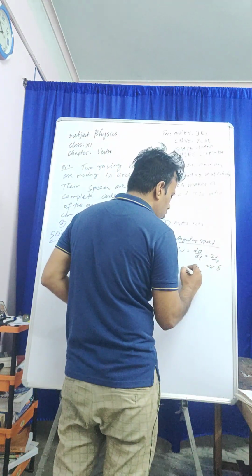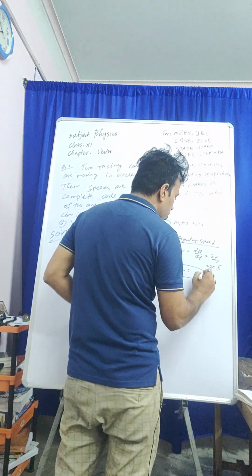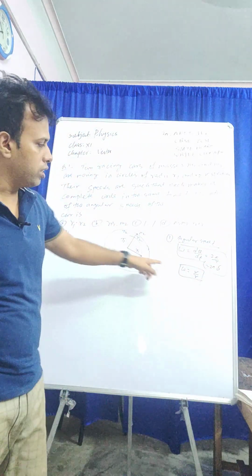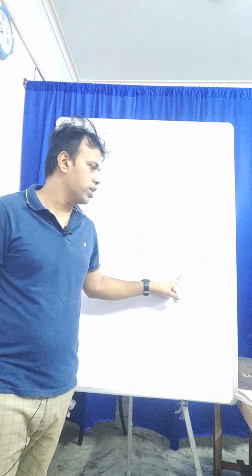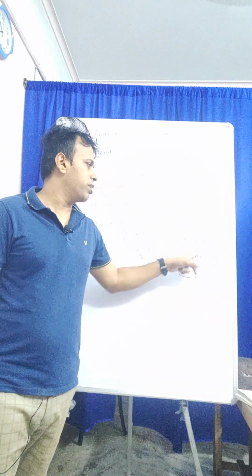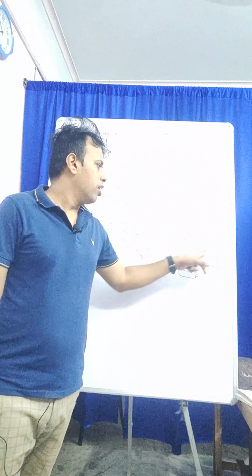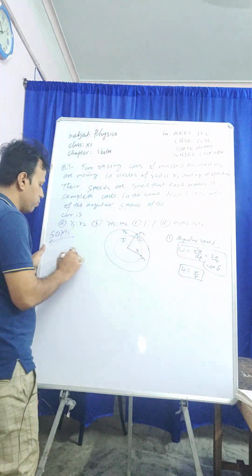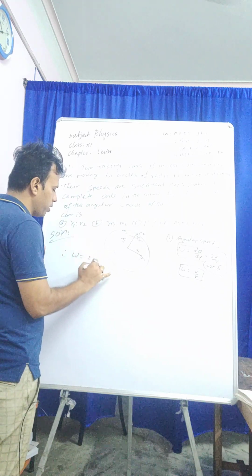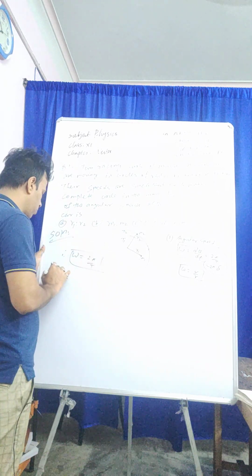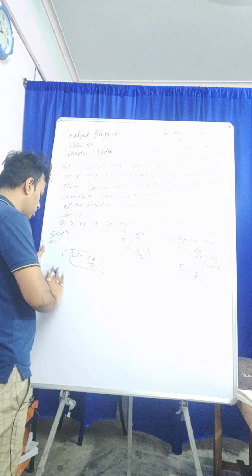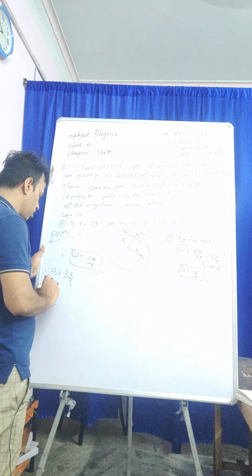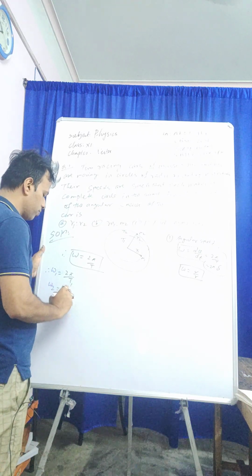So we can use omega in four different ways: v by r, d theta by dt, 2 pi by t, or 2 pi nu. Here the time period is the same, so omega equal to 2 pi by t. Therefore omega 1 equal to 2 pi by t1 and omega 2 equal to 2 pi by t2.